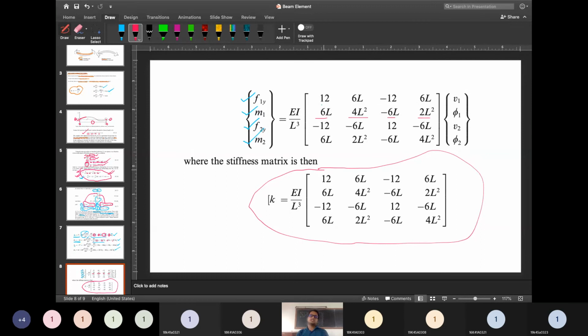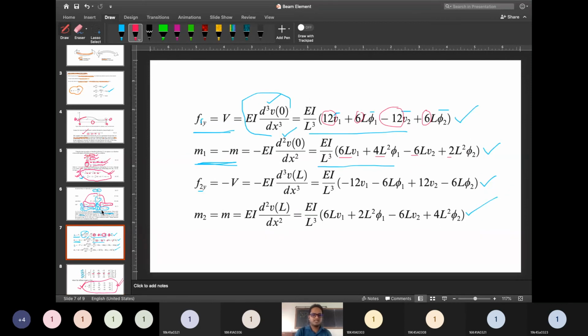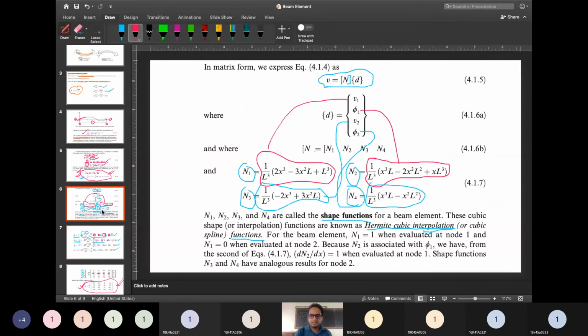So in your examination, either it will be asked to derive the stiffness matrix of beam element, then you have to derive it up to this step. If it is asking for shape functions or Hermite cubic interpolation function, then you have to derive it up to N1, N2, N3 and N4. Okay, so this is your beam element.